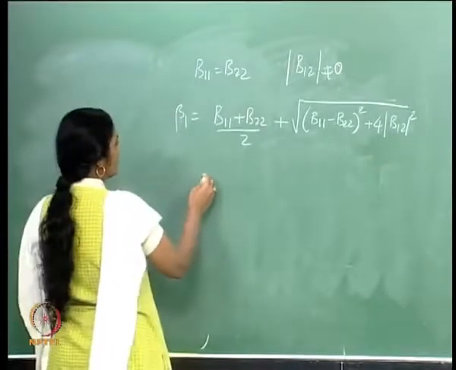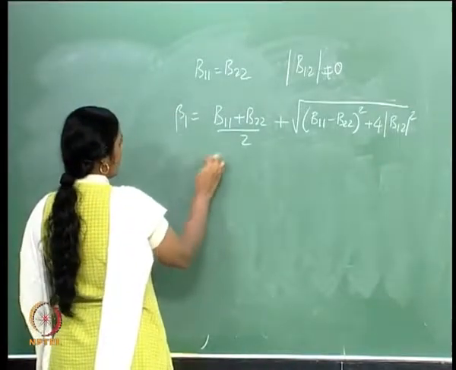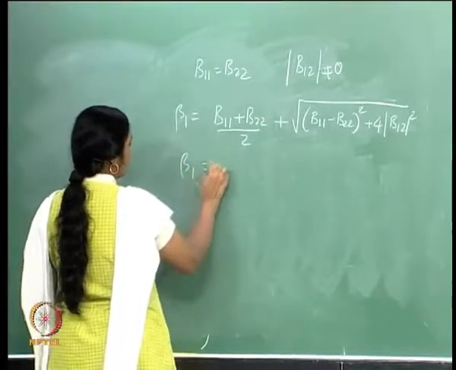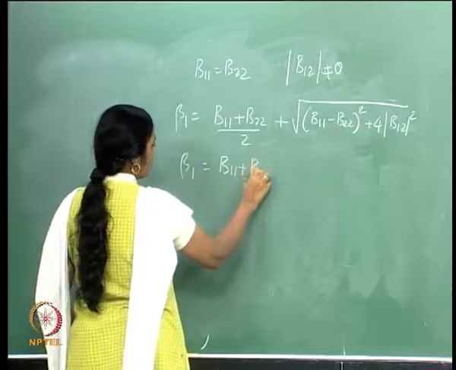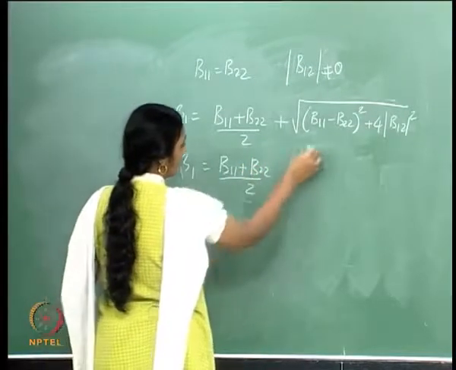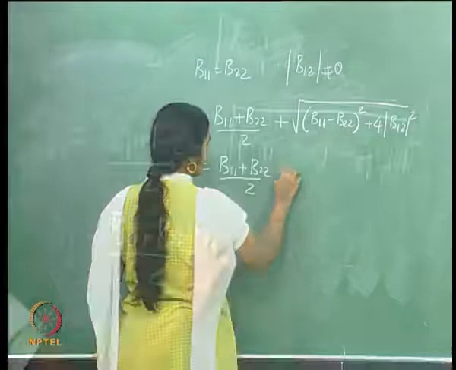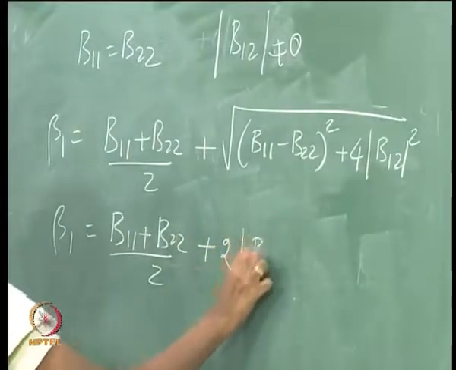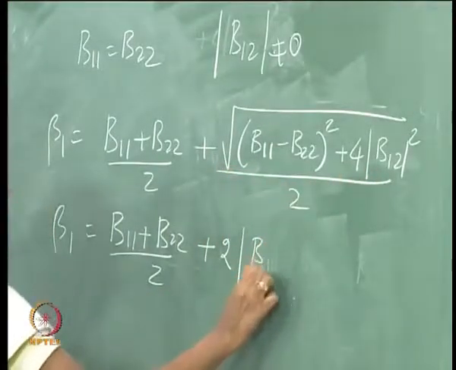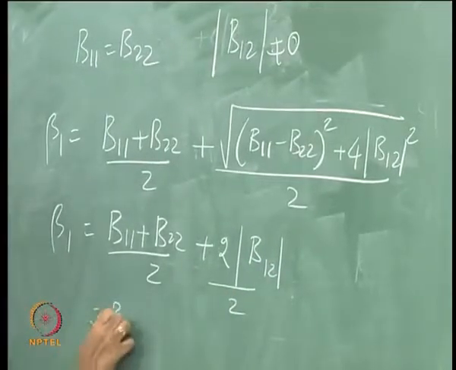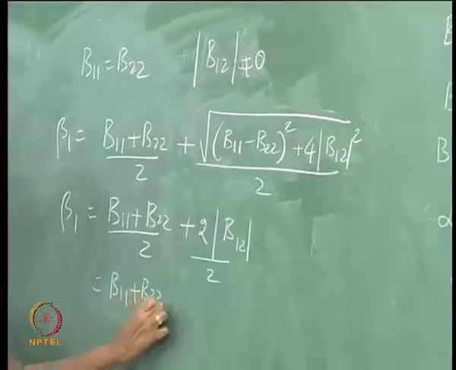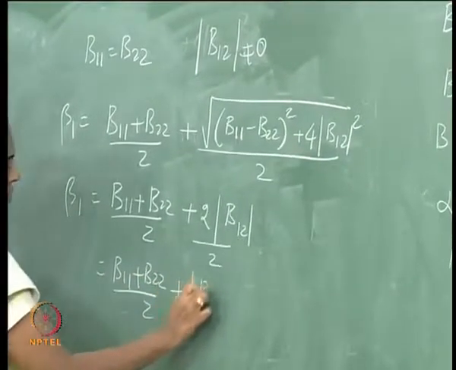This exercise simply tells us that beta 1 in this case is B11 plus B22 by 2. This quantity vanishes plus twice modulus of B12 by 2, and therefore, I have B11 plus B22 by 2 plus mod B12.